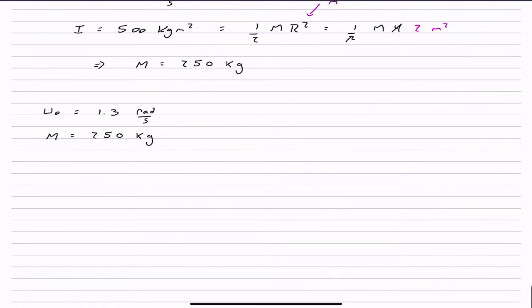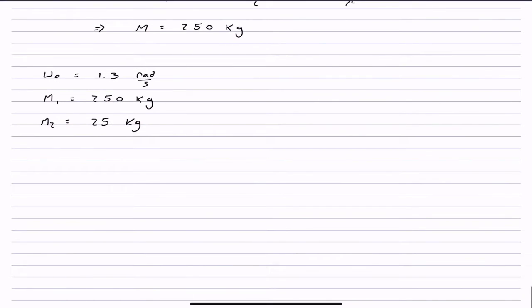We're also told the mass of the child. Let's give these subscripts. This is going to be the mass of the merry-go-round, or the mass of the wheel, we'll call it M1. M2, we'll call the child, is 25 kilograms. We're told that in the problem: a child of mass 25 kilograms walks from the center to the edge.